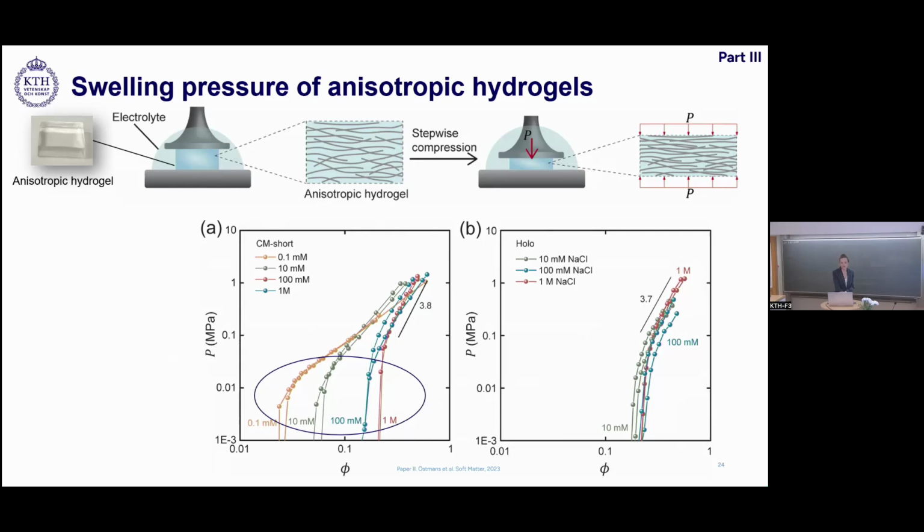However, if we look at the hollow fibrils, which only have the charge from the remaining hemicellulose on the surface, we could see that they were very independent of the electrolyte concentration. And the most likely explanation for this is that the hemicellulose on the surface can entangle, which will reduce the effect of the ionic pressure.